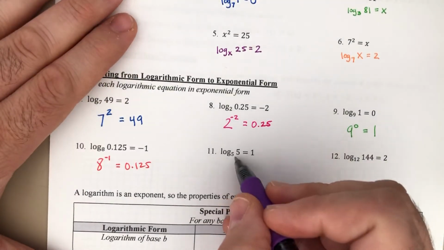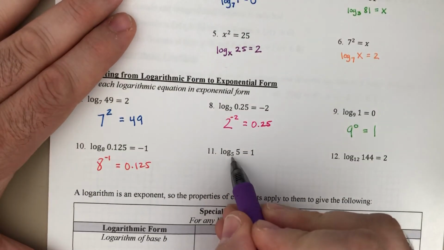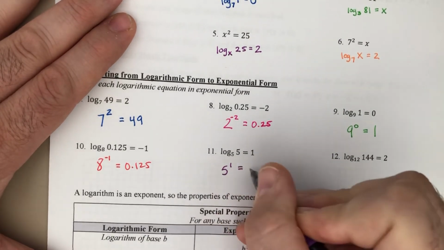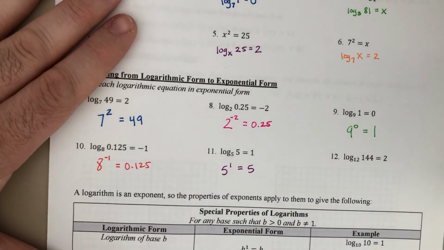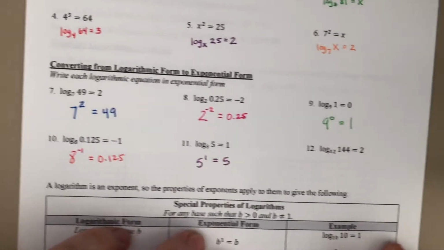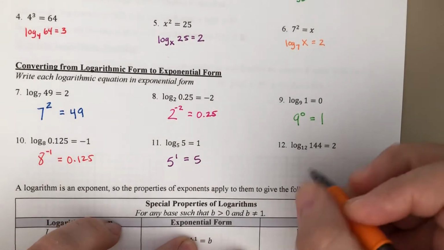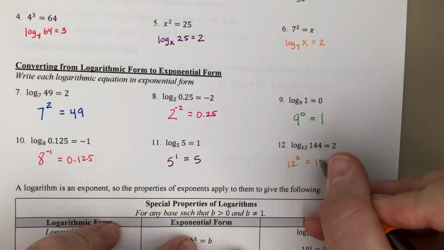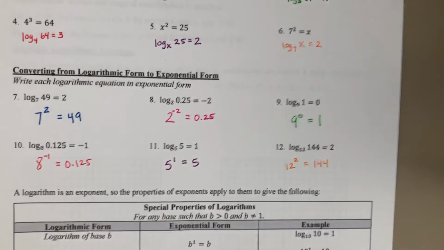All right, we got log base 5 of 5 equals 1, so our base is 5, our power is 1, 5 to the first is 5, sure enough. And we have base 12 to the second power is equal to 144. And there you go.